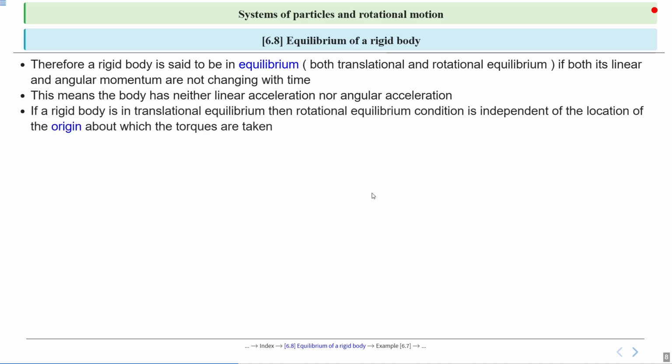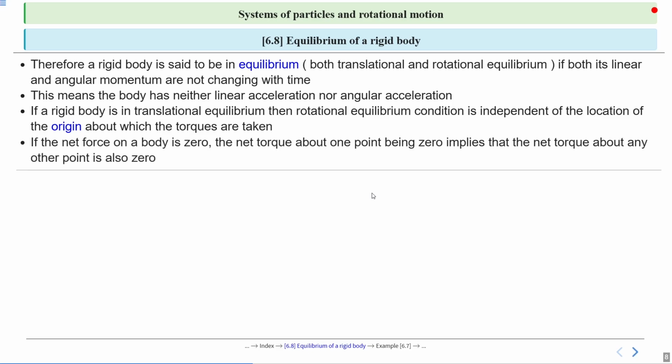So if a rigid body is in translational equilibrium, then the rotational equilibrium condition is independent of the location of the origin about which the torques are taken. It means if we say the body is in translational equilibrium, then rotational equilibrium is independent of the location of the origin.